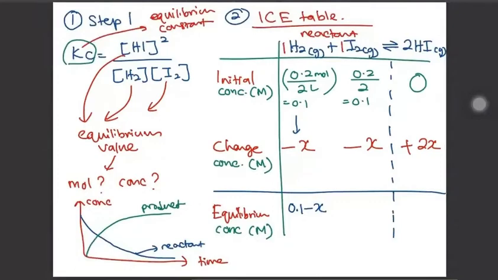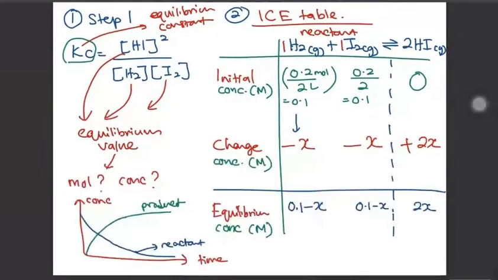So this is going to be 0.1 minus x. You just add them together. So this is also 0.1 minus x. Addition, I think you know, 0.1 plus negative x, so it becomes 0.1 minus x. And finally, this one is going to be 0 plus 2x, so it is going to be 2x. So we have our expressions for equilibrium.